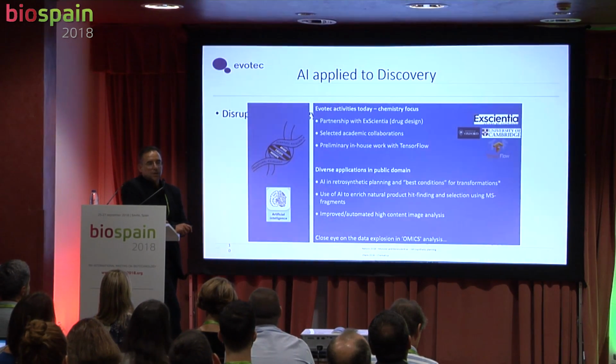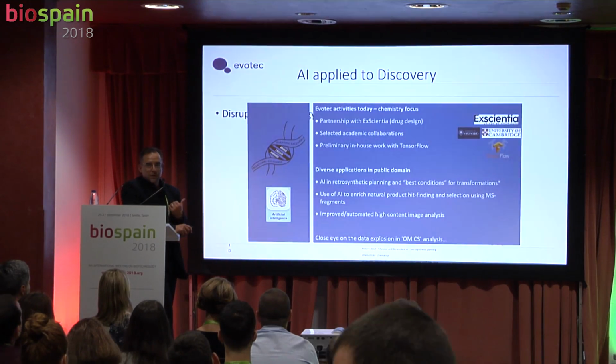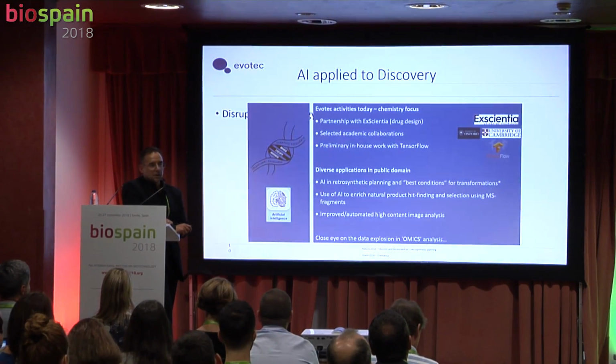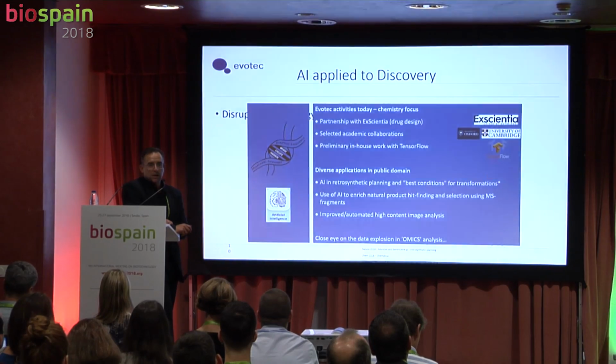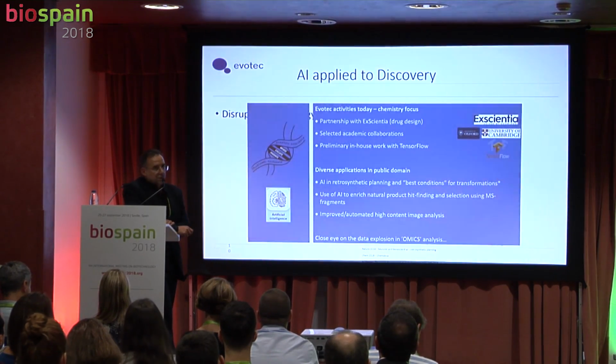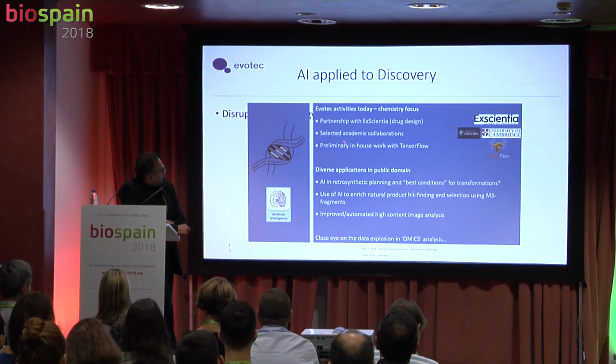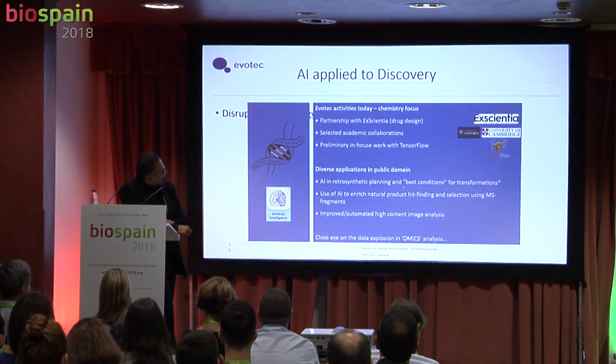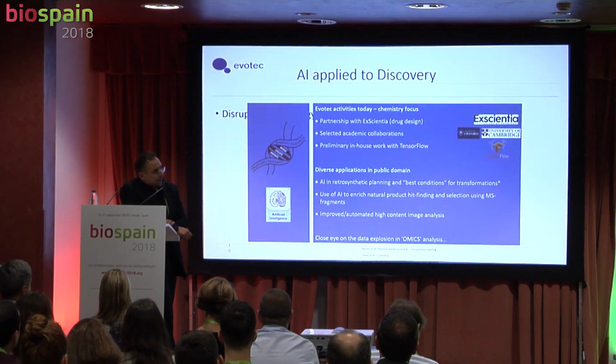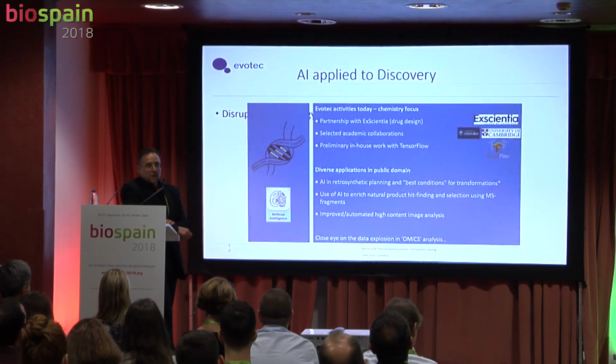Exscientia developed artificial intelligence to digest all this data that we have accumulated in the drug discovery process. It's an iterative process, and we have been going forward in retrosynthetic planning to increase the quality of the drug candidate going into development.